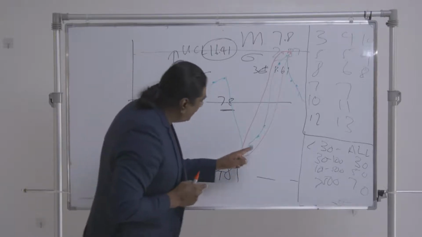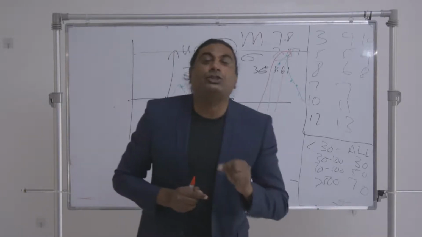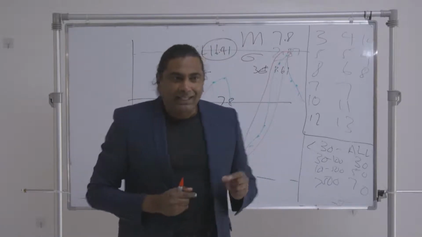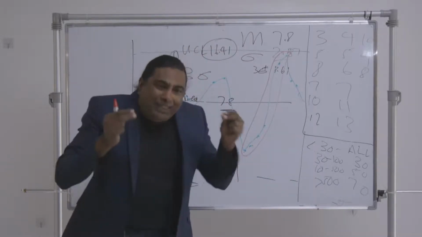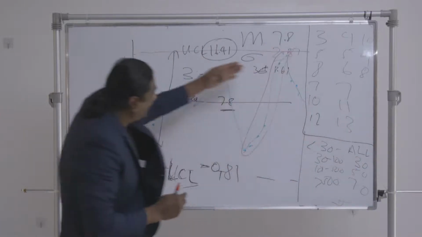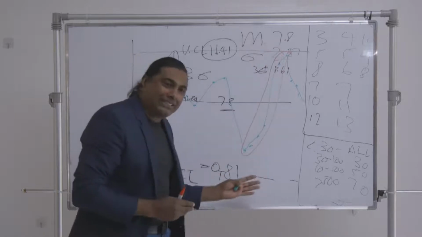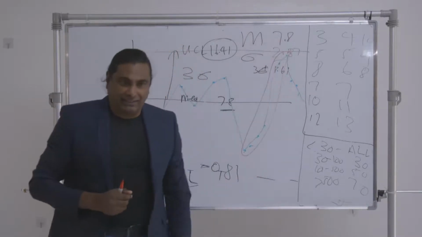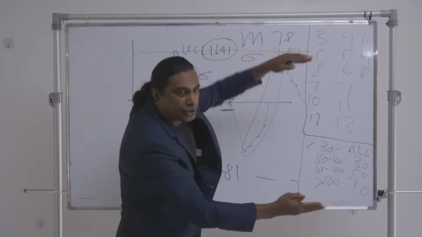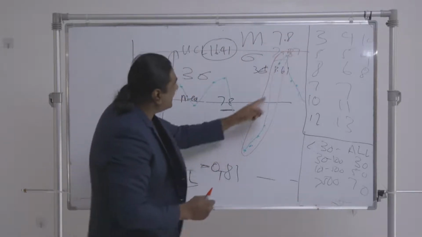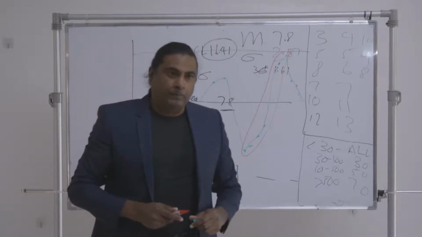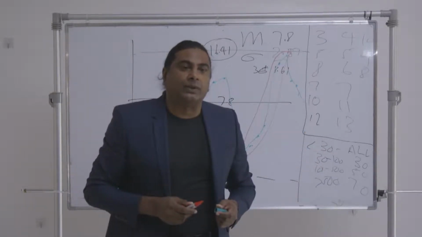That is what is called sensitivity to operations. We can only be sensitive to the operations if we have collected the data, if we have mapped it, and if we can make sense of it. Although this is within the normal upper and lower control limits, there's a hint that something is going wrong, and we need to pay attention to it.